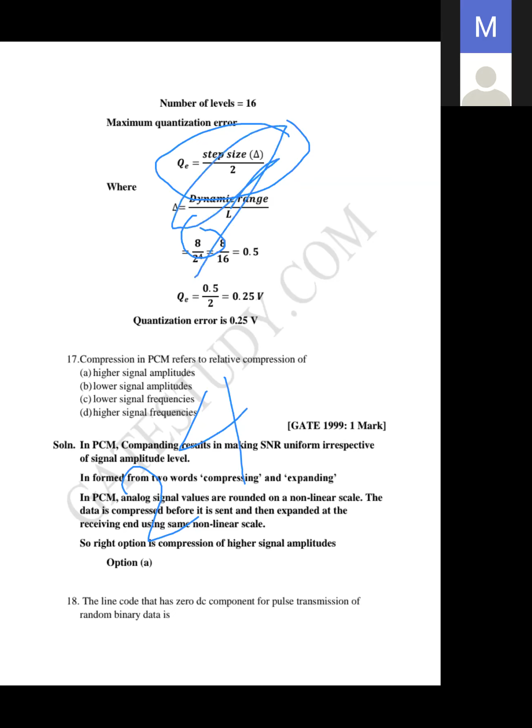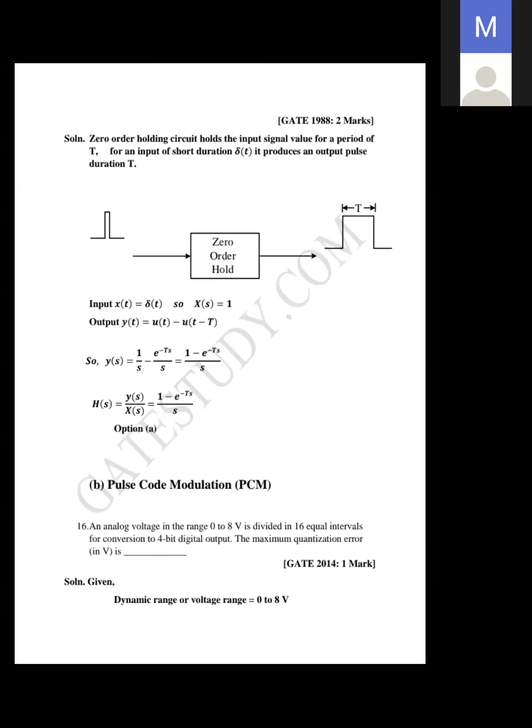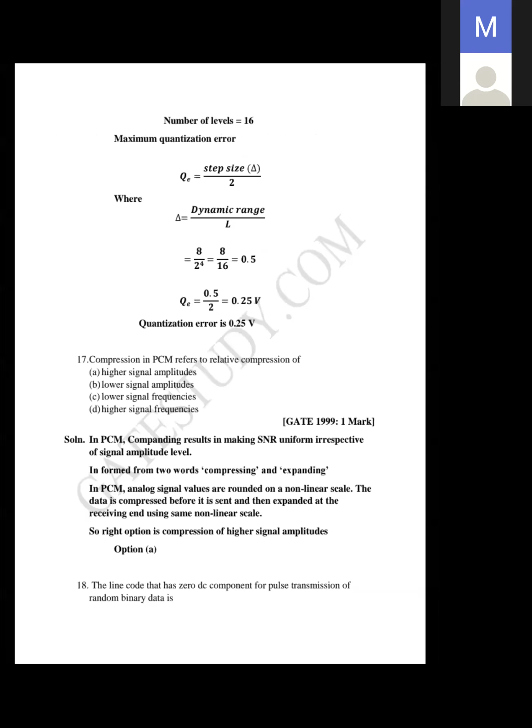Substituting, 8 by 16 is 0.5. So delta, the step size, is 0.5, and QE is 0.5 by 2, which is 0.25 volts, the quantization error for the given problem. This is a fill in the blanks question, there are no choices, so you write accordingly.